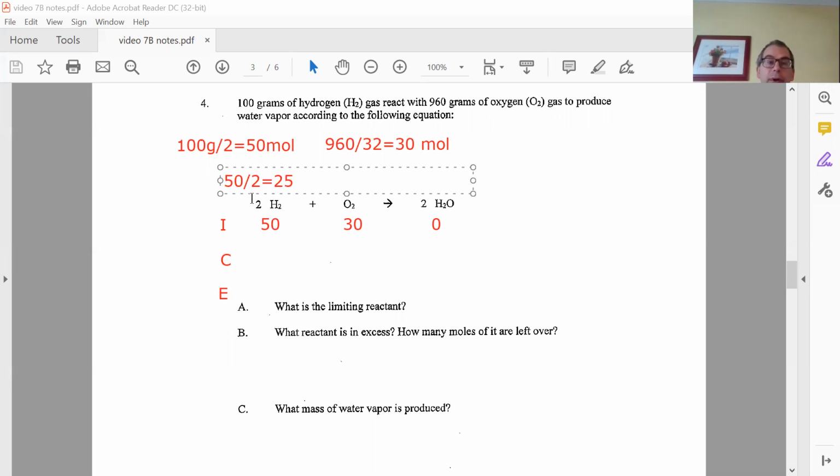Then I'm going to say 30 divided by 1, because there's no coefficient, it's the implied 1, equals 30. Whichever number is smaller is going to be your limiting reactant, and that is the H2. So 25 after dividing through by a coefficient is smaller than 30. So H2 is the LR.